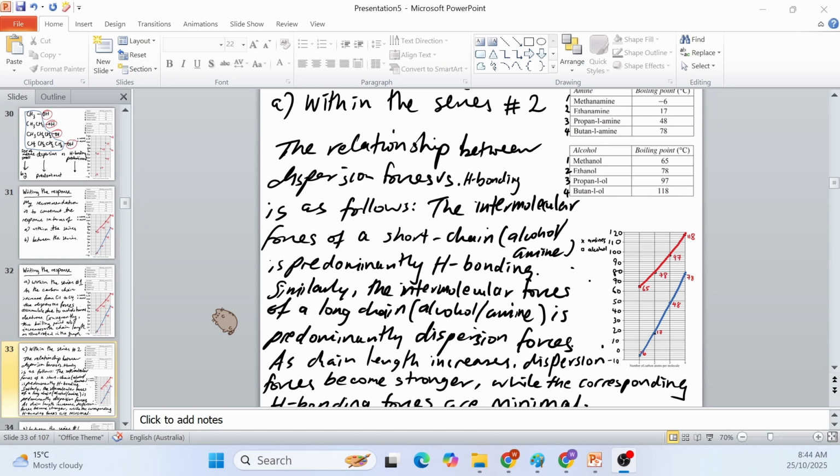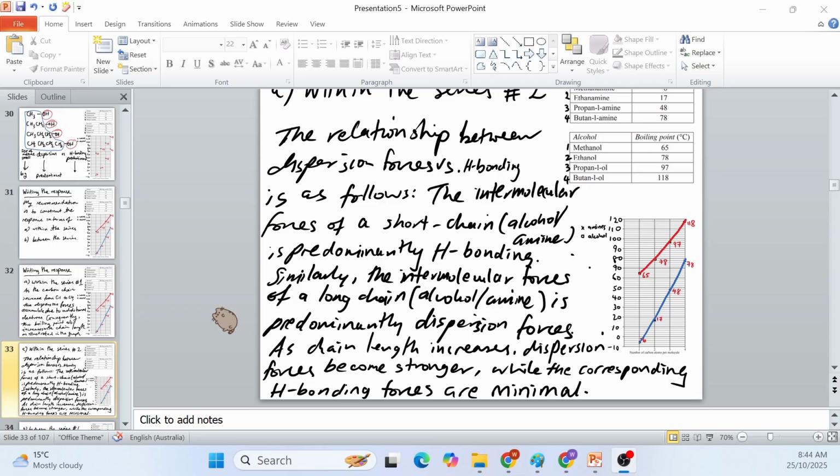The intermolecular forces of a short chain alcohol or amine are predominantly hydrogen bonding. Similarly, the intermolecular forces of a long chain alcohol or amine are predominantly dispersion forces. As chain length increases, dispersion forces become stronger, while the corresponding hydrogen bonding forces are minimal.